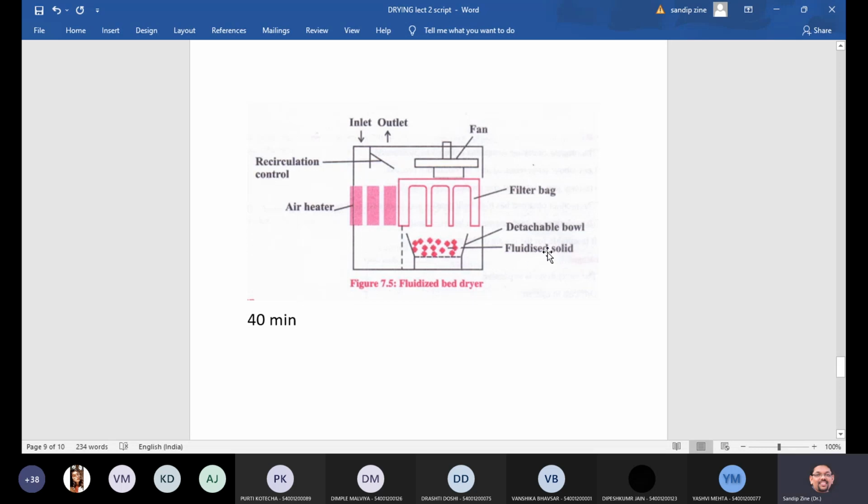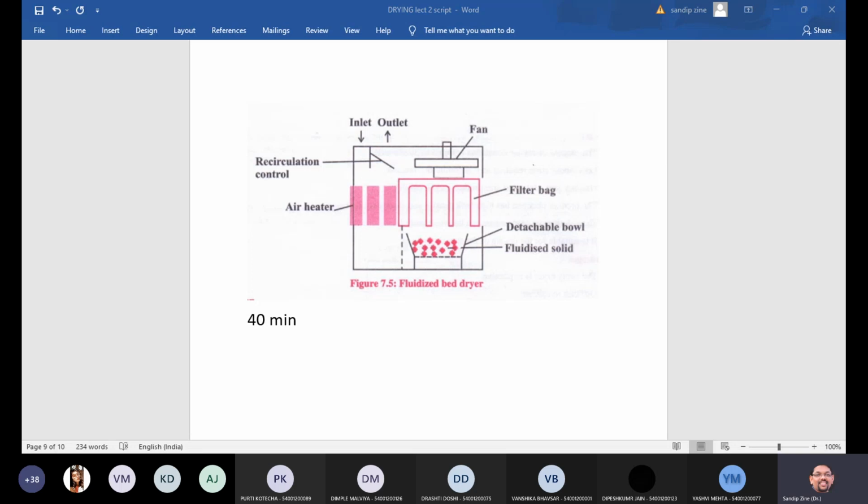Whatever material you have to dry, you take in the bowl. With the help of the inlet air, this air becomes hot, and this hot air recirculates through the bowl material, and the particles become dry, and you can remove it again, because this is a detachable one.